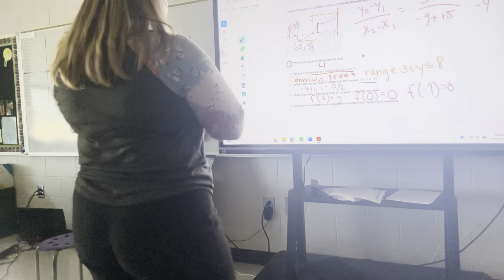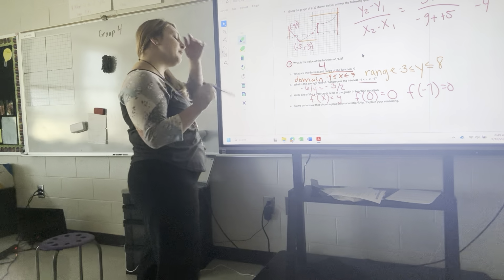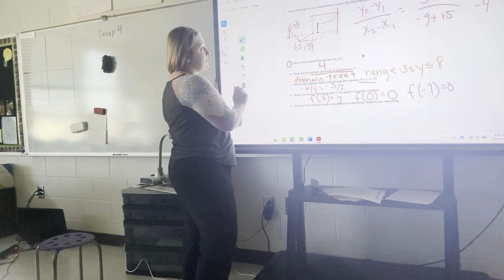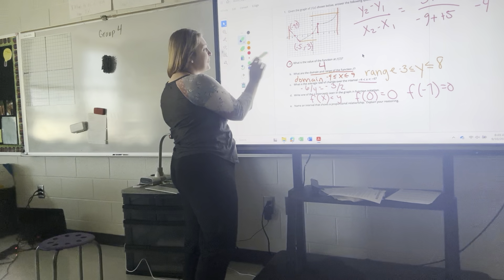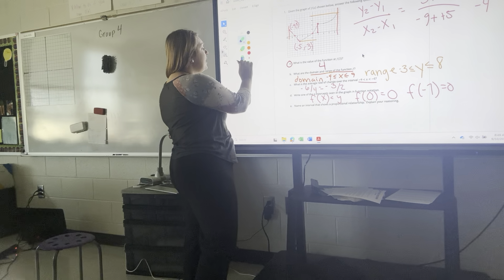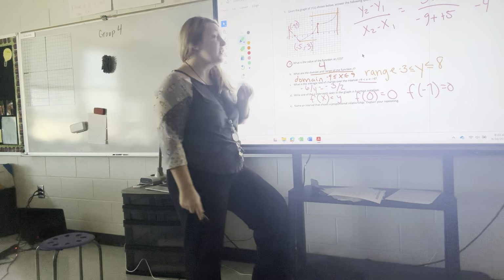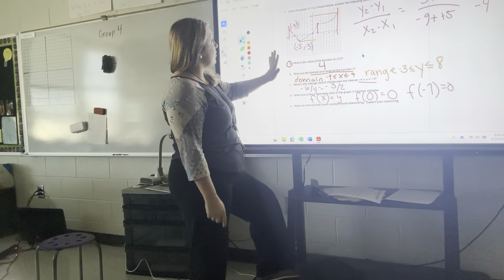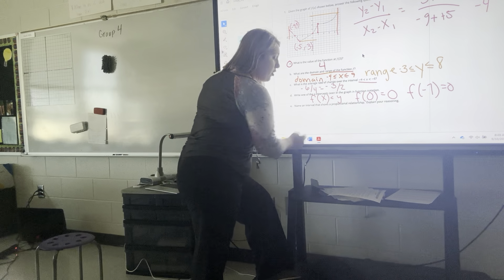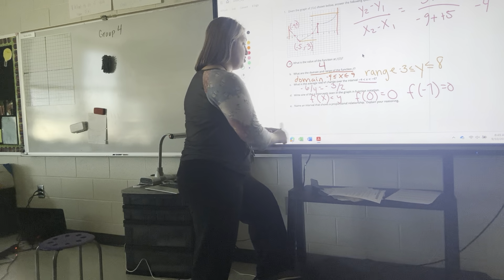Now we're going to name an interval that shows a proportional relationship and explain our reasoning. I'm going to do blue to show the proportional relationship.